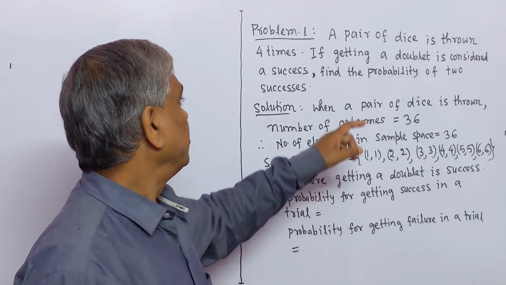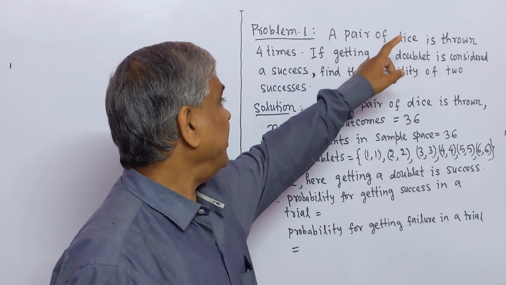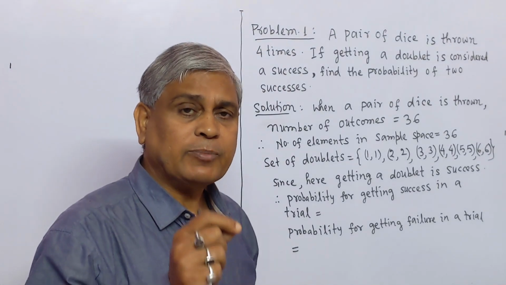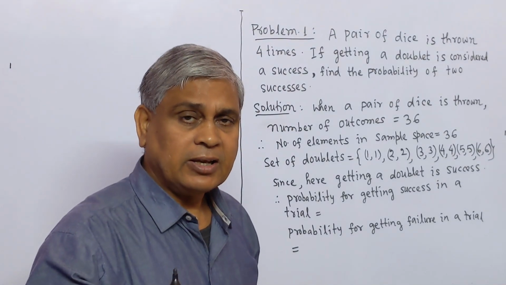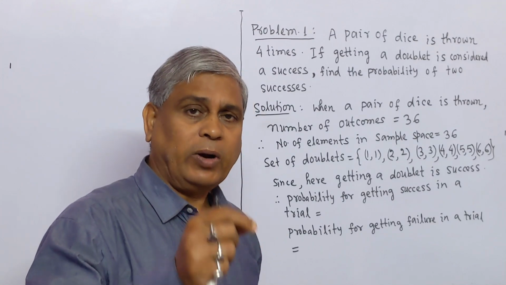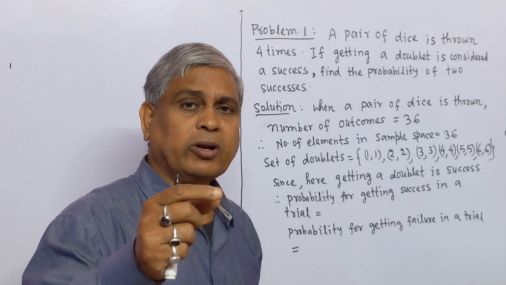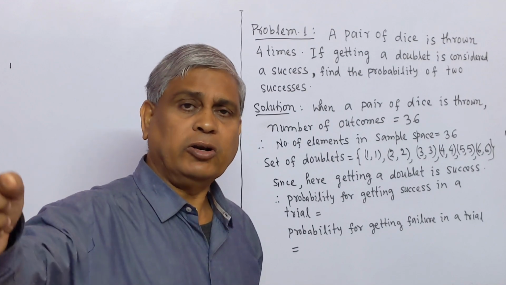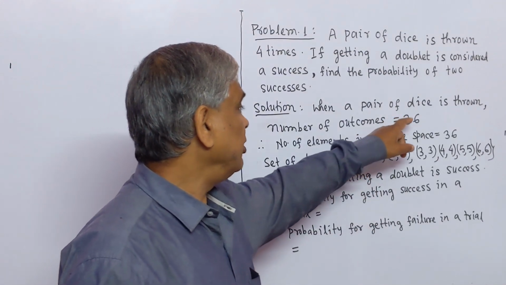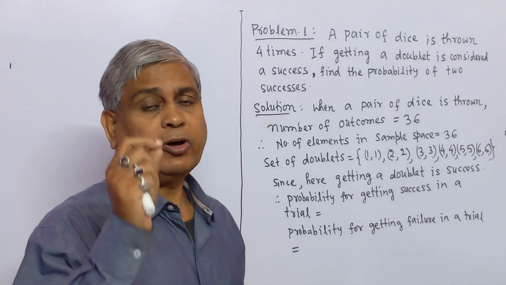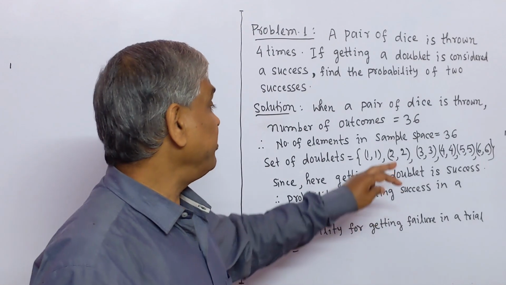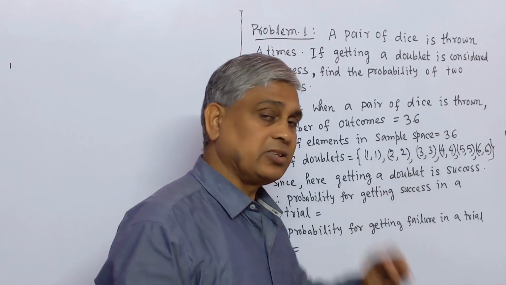Since when a pair of dice is thrown, number of outcomes be 36. Outcomes are ordered pairs 1 1, 1 2, 1 3, 1 4 and so on, lastly 6 6. So number of outcomes equal to 36. Therefore number of elements in a sample space will be 36.